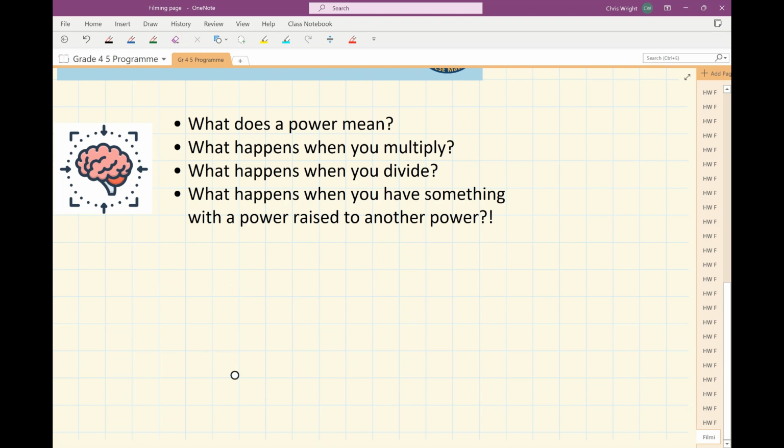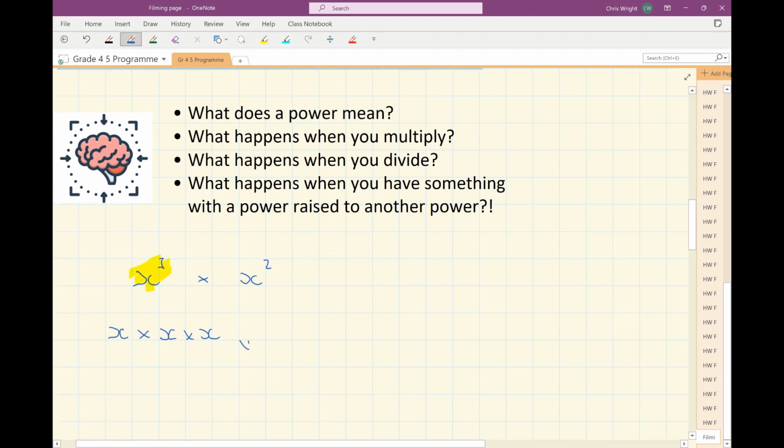Let's have a look, for instance, at x cubed multiplied by x squared. Now, to understand this, you'll want to remember what x cubed means. Well, x cubed means x times x times x. So that's the x cubed, and we're timesing that by x squared.